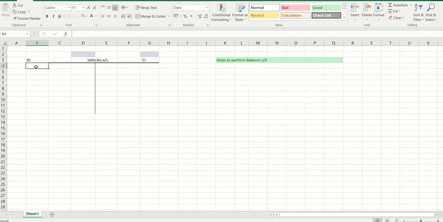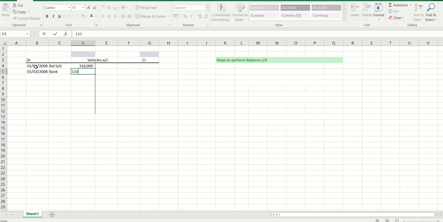Okay, so we're going to just put some transactions into a vehicles account here for us. So we're going to put in our date and year, our opening balance. So our opening balance BD at the start of the year of 316,000. During the year, on the 1st of March, we bought new vehicles worth 110,000.